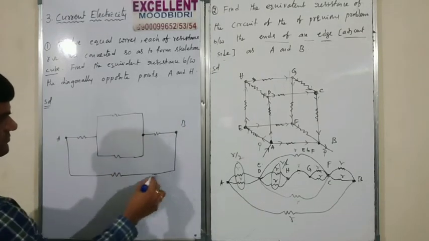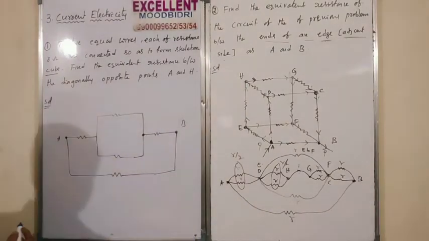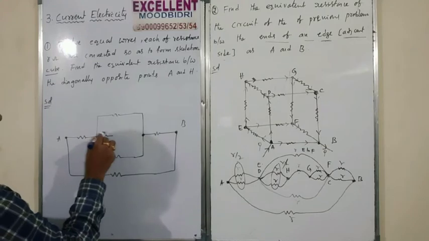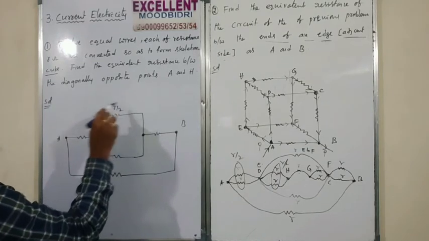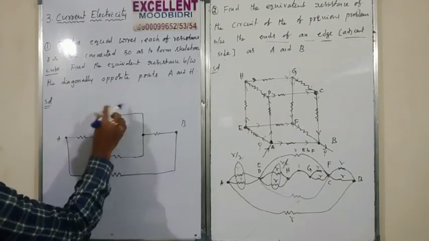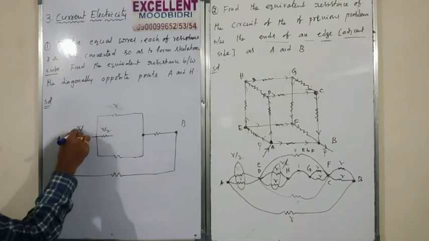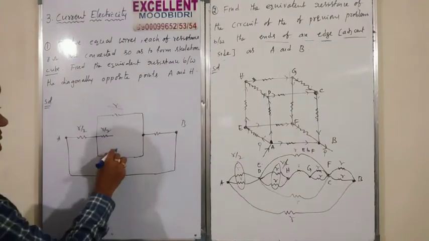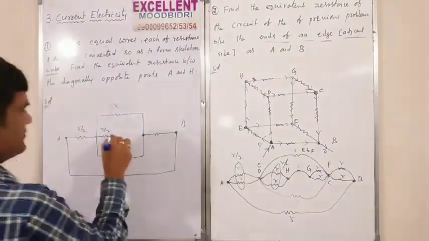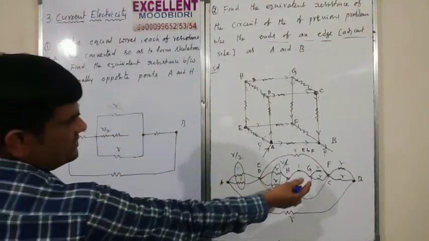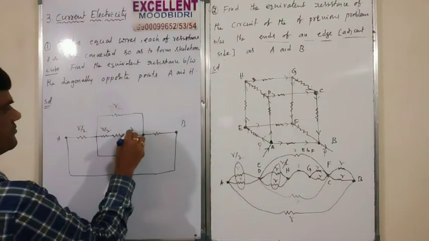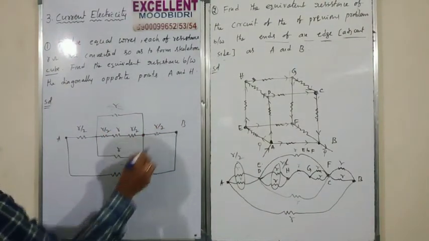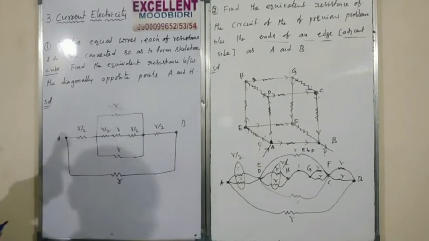Now inside, this is R by 2. Sorry, this is R only. 2R will be there. Here R, here also R. Next here R, next here R by 2. R by 2 and R. This is R by 2, this is R. Everything is fine.